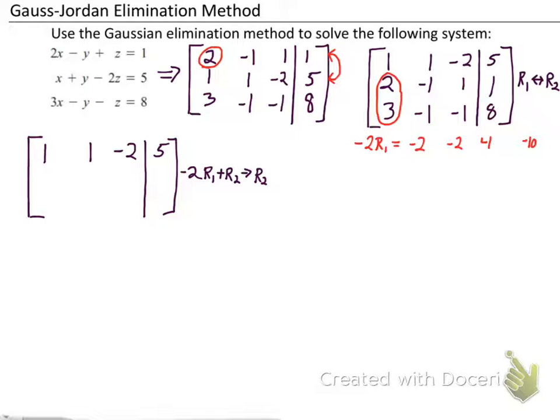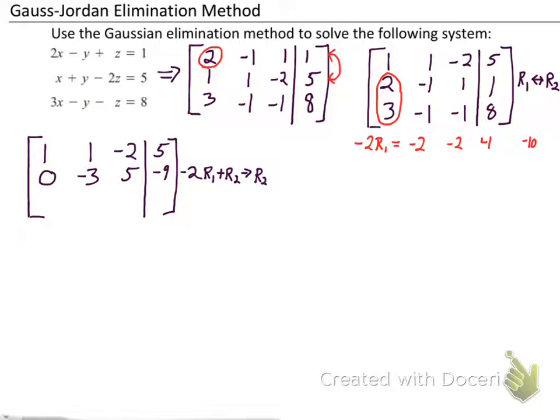Sometimes I have those so I can just go straight up. So now I can go, well, -2 plus 2 gives me 0 in that second column. -2 minus 1 gives me a -3. 4 plus 1 gives me 5. And finally, a -10 plus 1 gives me a -9. So that's a little side work if you want to do that.